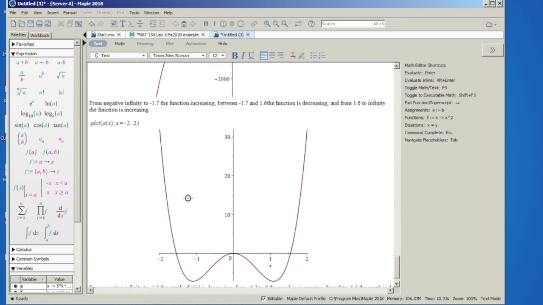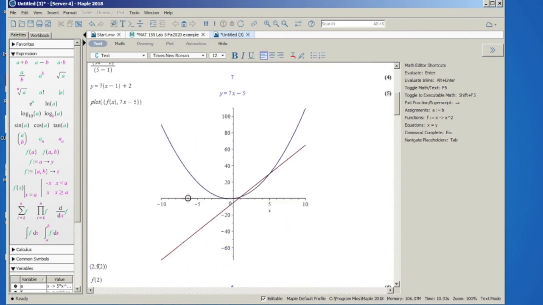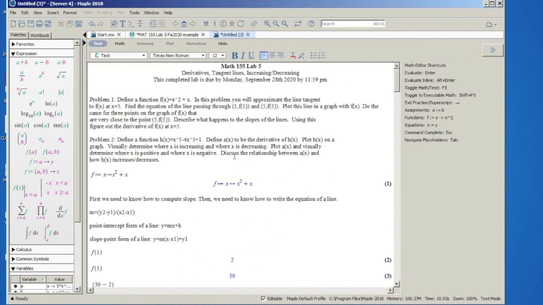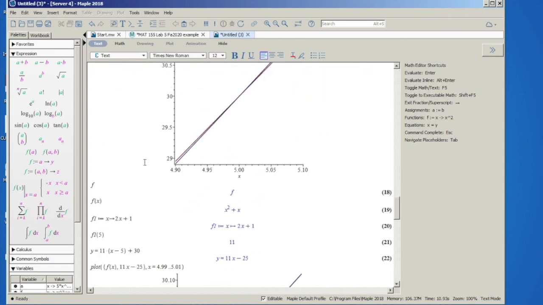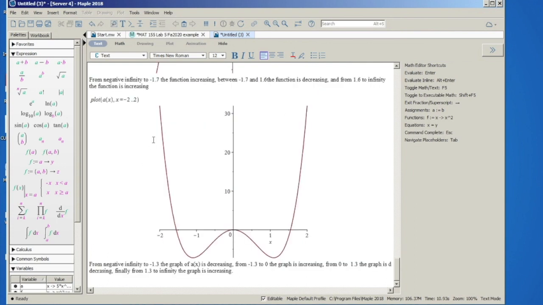And the question really is, why is this happening? What is the relationship between a of x and how h of x increases or decreases? Well, you will learn soon enough in your class, if you haven't already, that the derivative at a particular point tells you whether the original function at that particular point is increasing or decreasing.